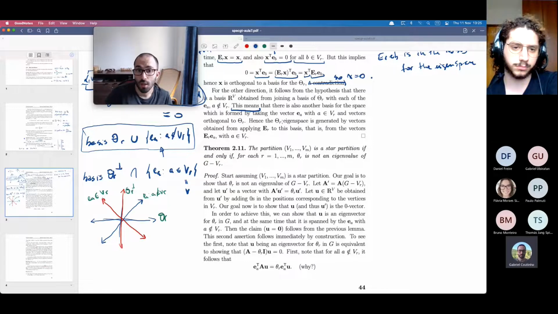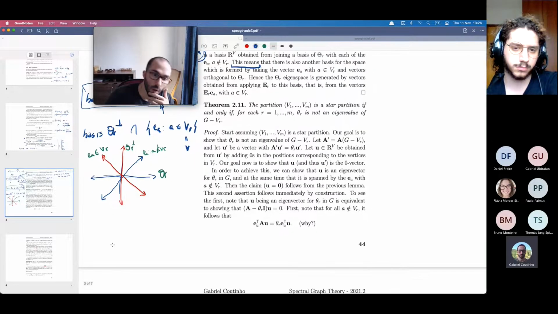So this means that the theta r eigenspace is generated by the vectors obtained from applying e sub r to this basis. Now I have a bunch of vectors, v1 all the way up to vk, and these are bases for the theta r eigenspace, and I have, sorry, the orthogonal complement, and I have the e sub a belonging to vr.